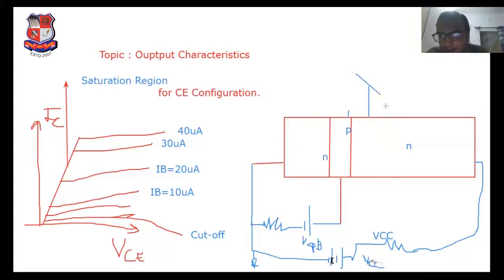Why? Because collector current depends on internal barrier potential. See this potential. This is the N terminal, so it creates positive charge. It is the P terminal, so it creates negative charge.